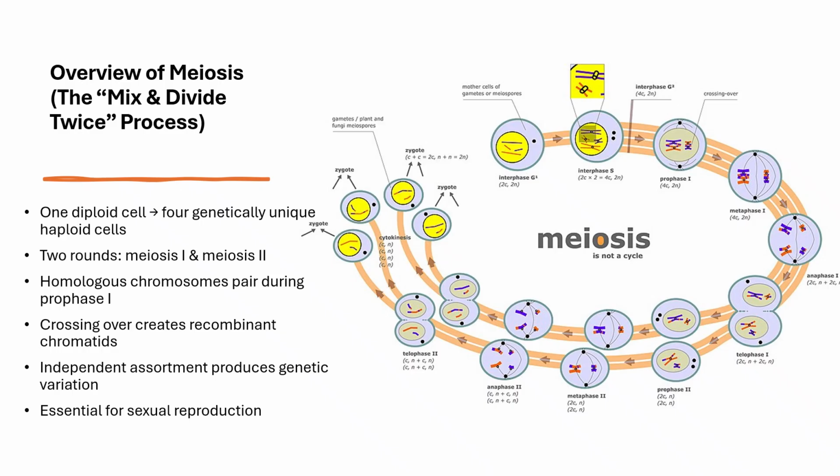This recombination, along with independent assortment, ensures that every gamete is genetically unique. Meiosis II resembles mitosis, but separates sister chromatids rather than homologous chromosomes. By the end, four genetically distinct haploid cells are produced. Quite an achievement for one original diploid cell.